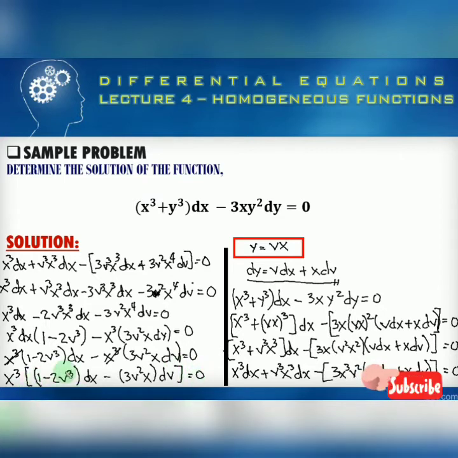So this is just being eliminated after the extraction.